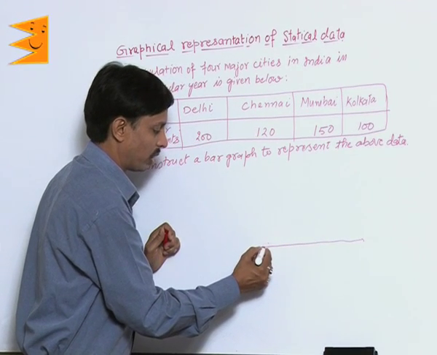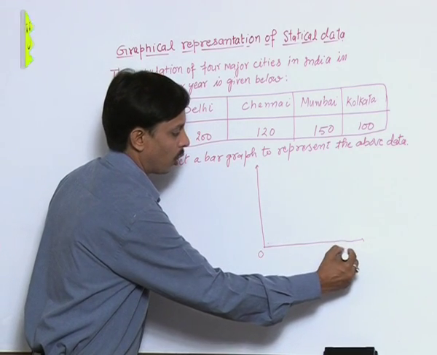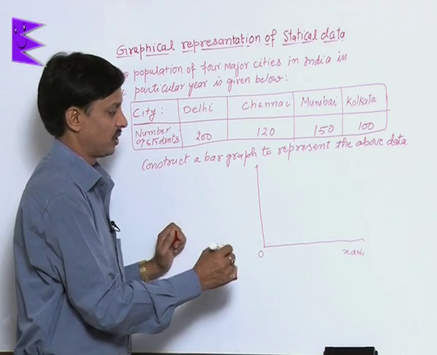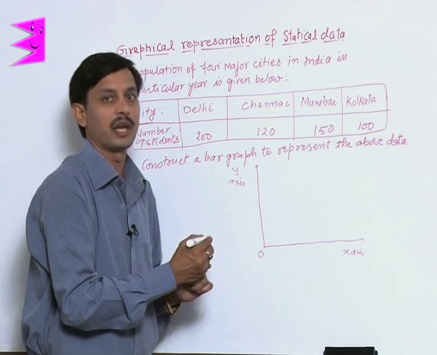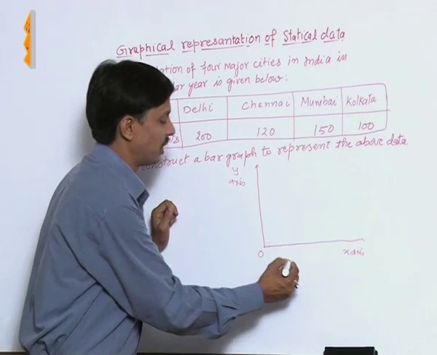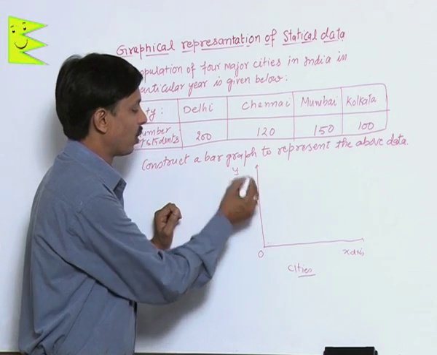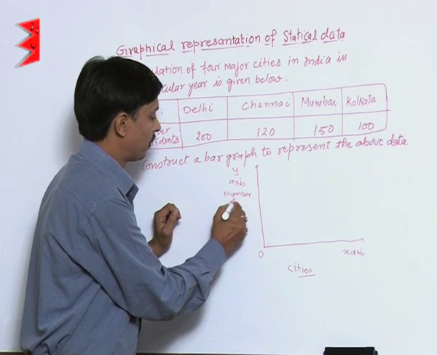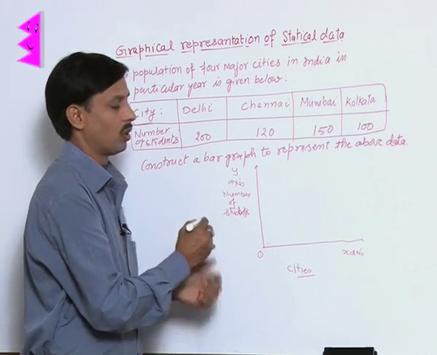This is the origin 0, and this one is the vertical line, the y-axis. On the x-axis we always take the first information, and on the y-axis we always take the second information. There are two pieces of information. The first is city, so on the x-axis I will take cities, and on the y-axis I will take the number of students.